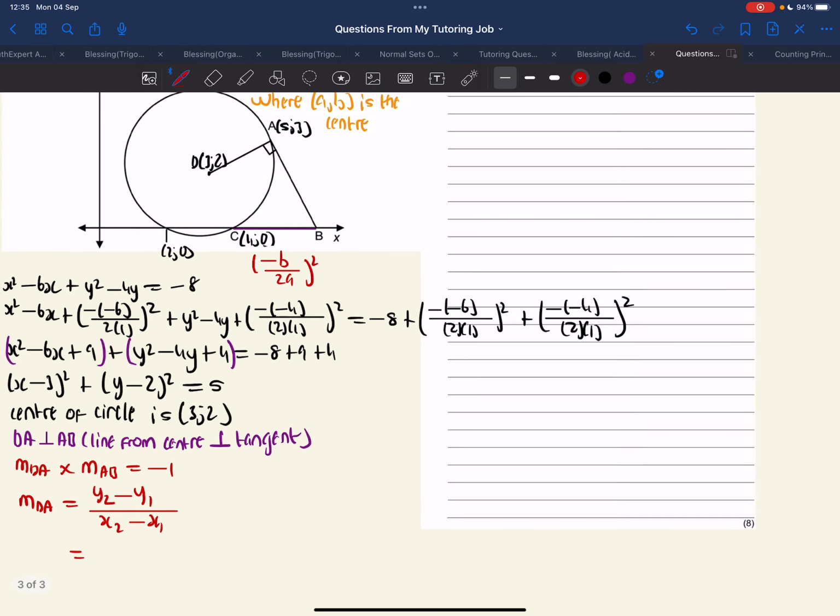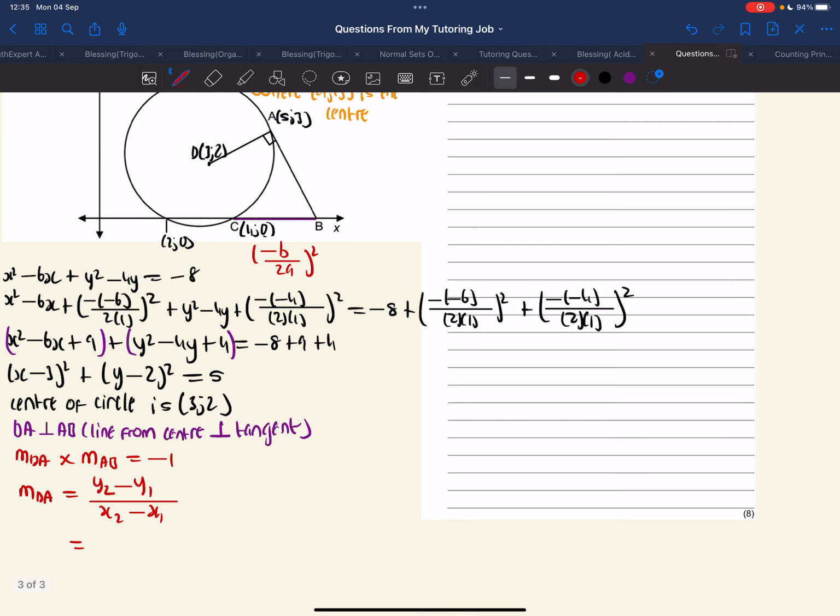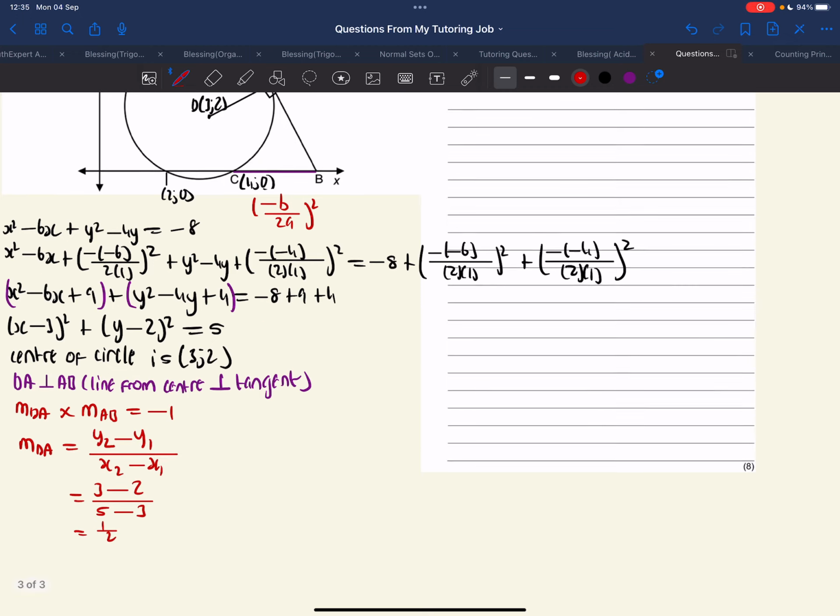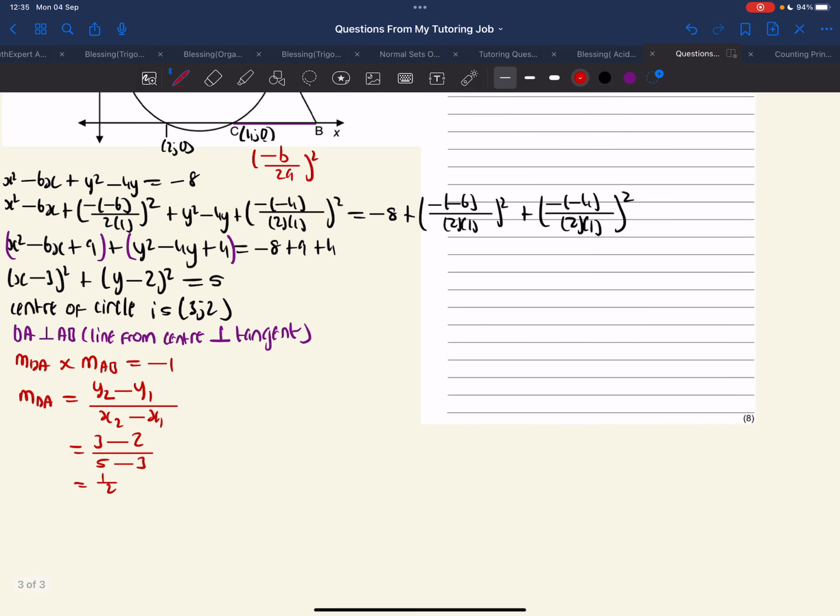That is equal to, remember A is given, so 3 minus 2 over 5 minus 3, which is basically a half. Now if the gradient of DA is a half, it means the gradient of AB is going to be minus 2.